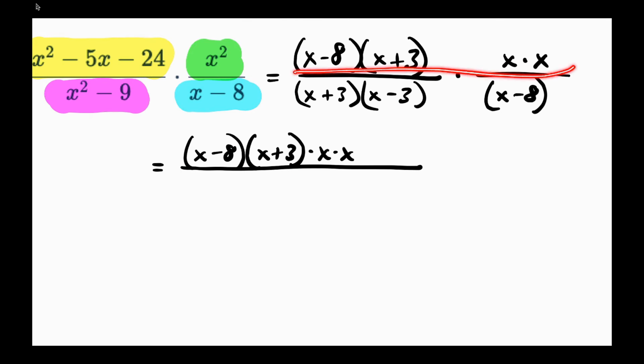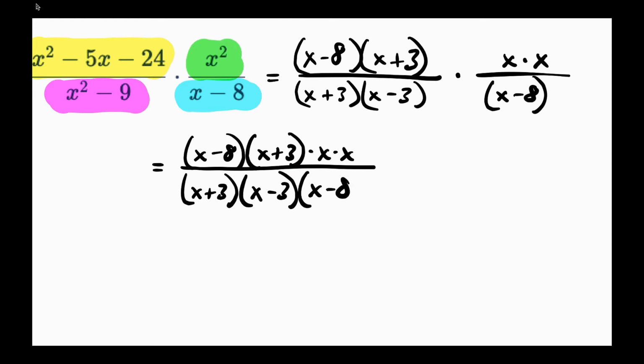So the top I just put together on top. Bottom, I'm going to do the same thing. So that's considered multiplying, even though I didn't really multiply. That's why I have quotations around multiply, because you're not really doing it, but it is.